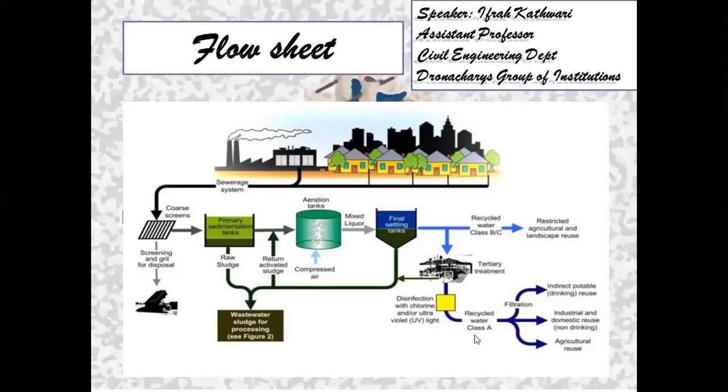This recycled water can be filtered again and used for indirect potable water, drinking water. It can be used for washing purposes. It can be used for not really drinking purposes unless we go for further treatment, or we can go for boiling also.